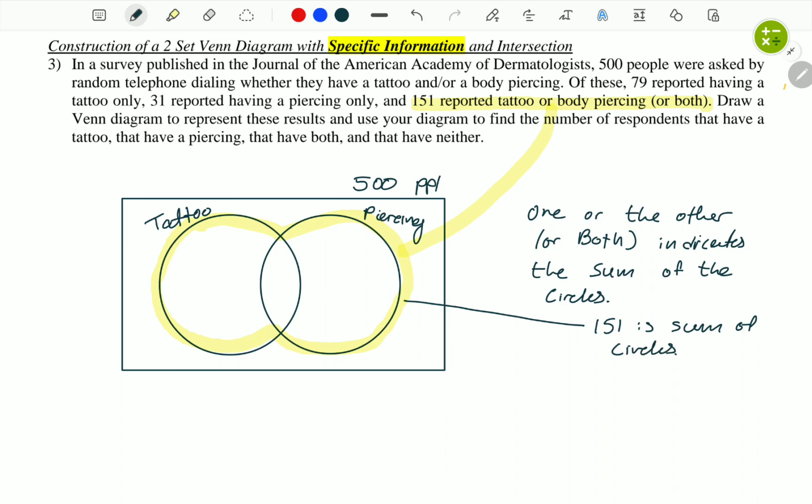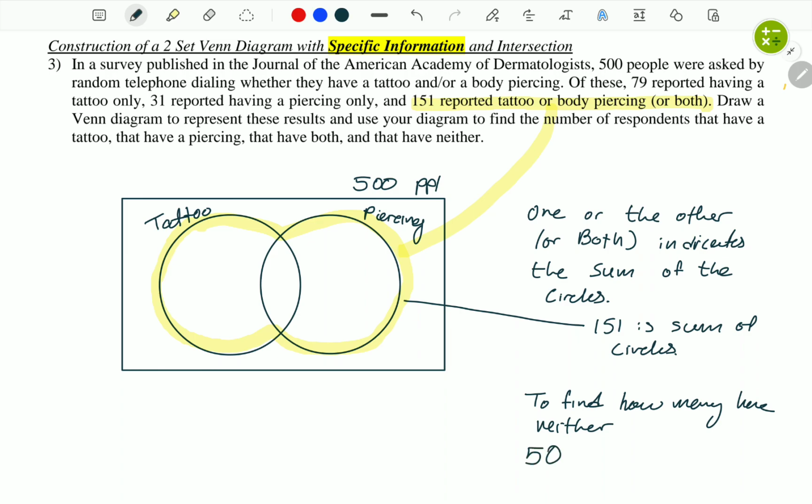With that said, because we found the sum of the circles, and because we know we have 500 people in total, to find how many have neither, how many have none, I should say, we can subtract the 151 from the 500. And that will equal 349.